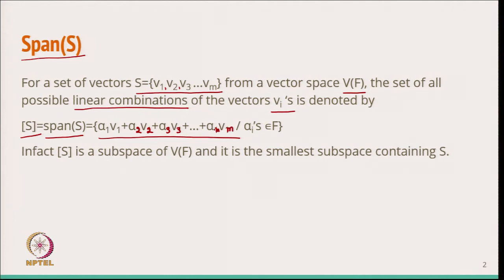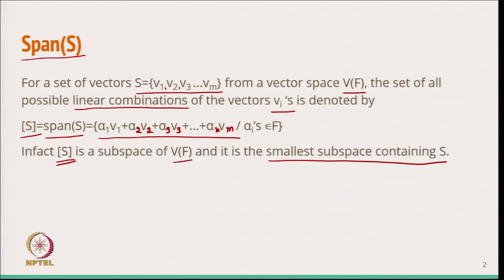This is what we are defining, where all alpha i's belong to the field F. Here we are taking all the linear combinations, and what we found is that the span of S is a subspace of the vector space Vf, and it is the smallest subspace containing S. So, this one we want to discuss today.